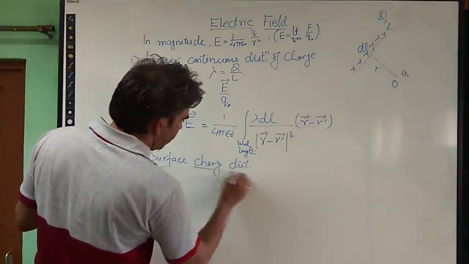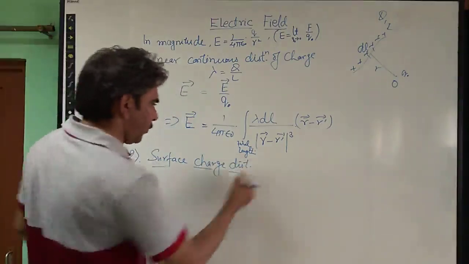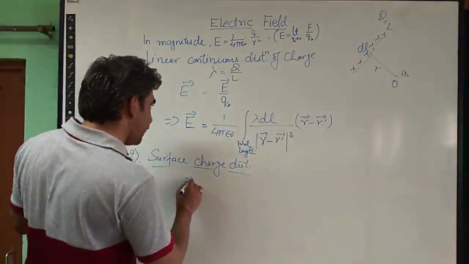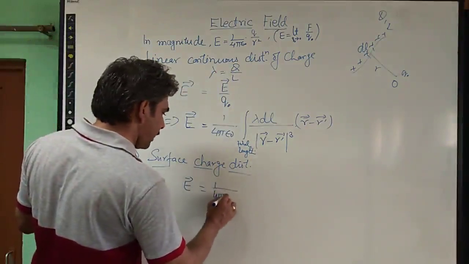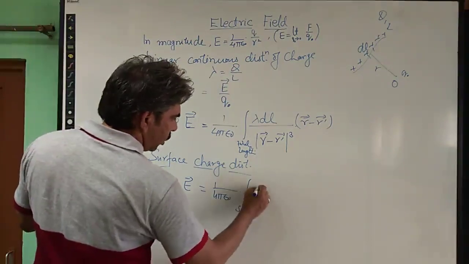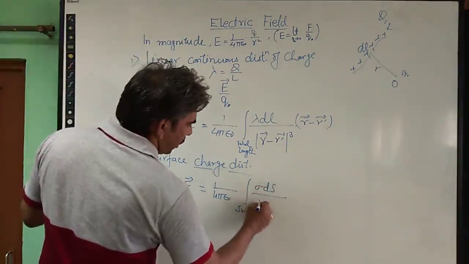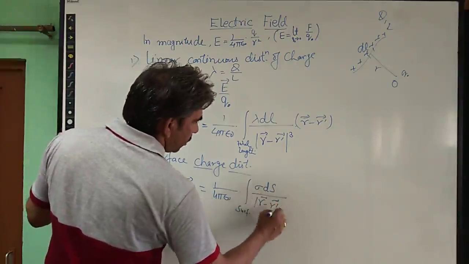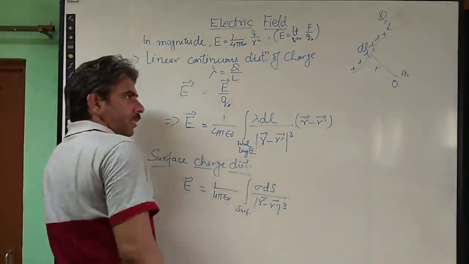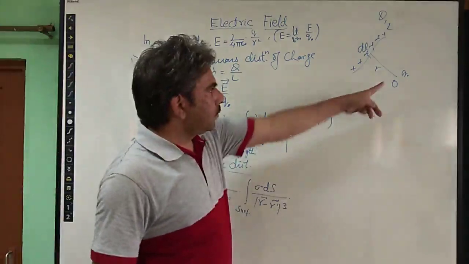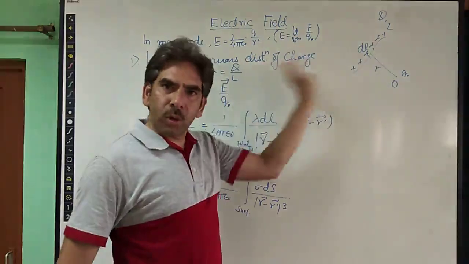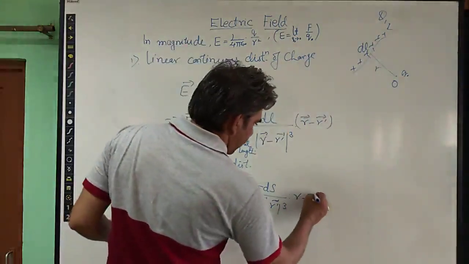Whenever charge is distributed continuously over a surface, for that we write the expression for the surface charge density, and hence the electric field is equal to 1 upon 4 pi epsilon naught into integration over the surface of sigma ds upon the magnitude of r minus r dash power 3, times the vector r minus r dash, where r dash is nothing but the position vector of this test charge from some coordinate system, and r is the position vector of this length element from some coordinate system.